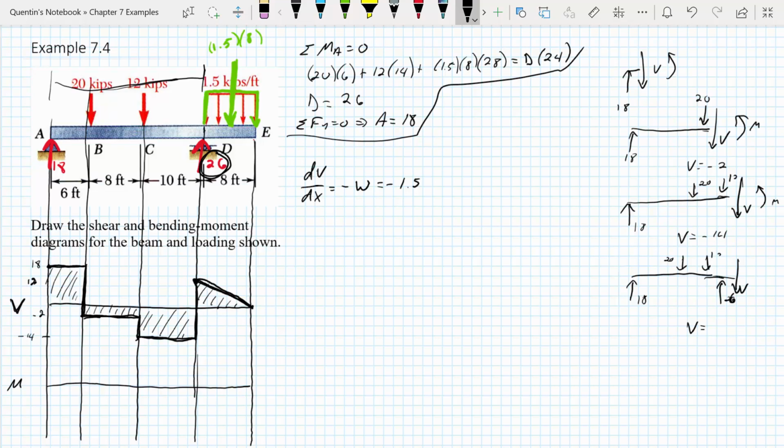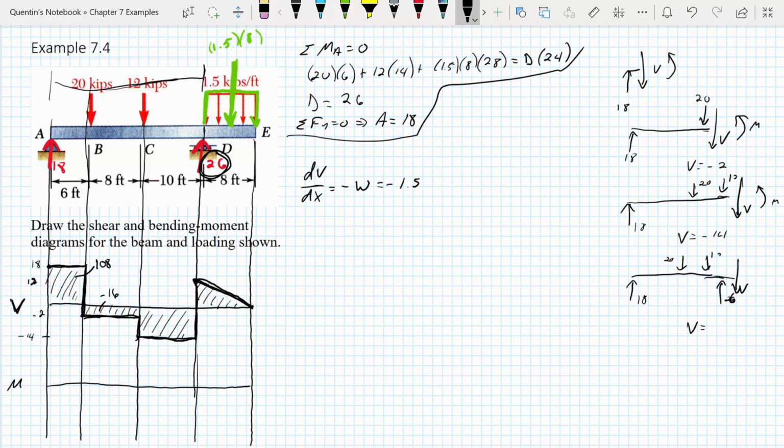So now we need to consider the bending moment. What do we know about the bending moment? We know that the area under the shear curve is the change in the bending moment. So what is the area under this curve? It's 18 times 6, so that's 108. This is minus 2 times 8, so it's minus 16.